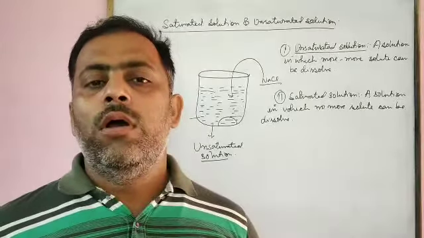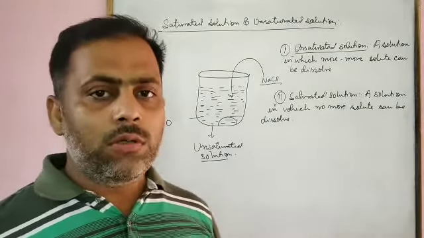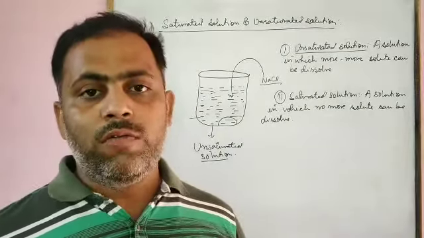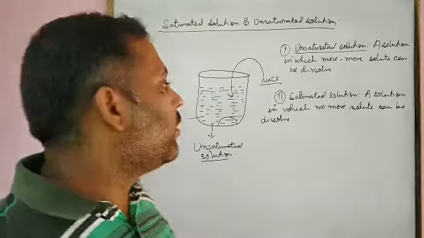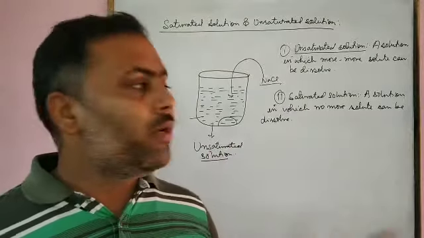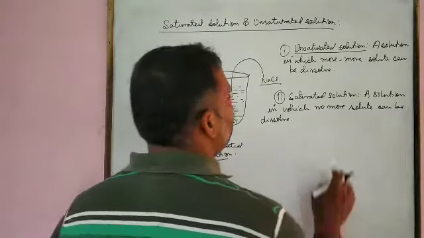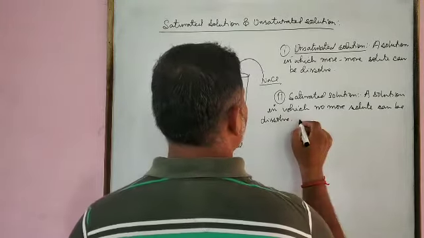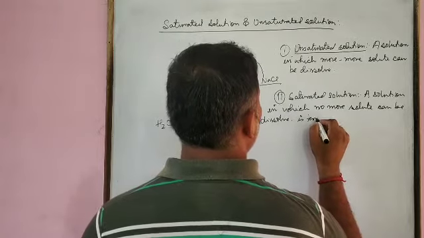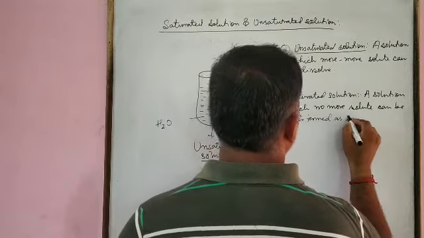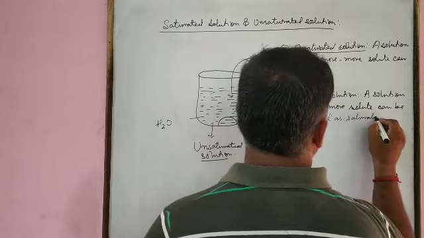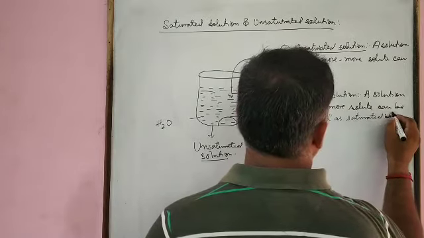It means on successive addition of solute, it is not going to dissolve, whereas it is going to settle at the bottom, then that solution is termed as saturated solution. A solution in which no more solute can be dissolved is termed as saturated solution.